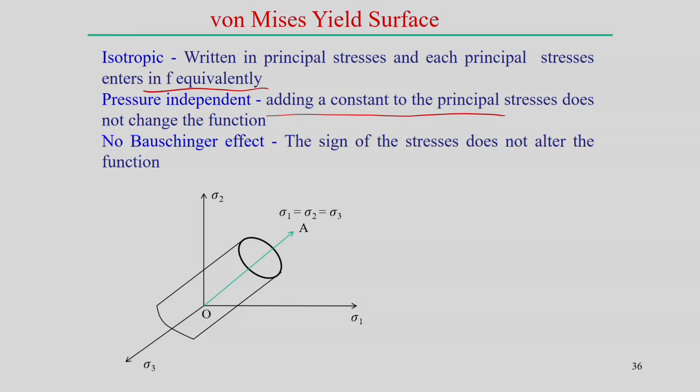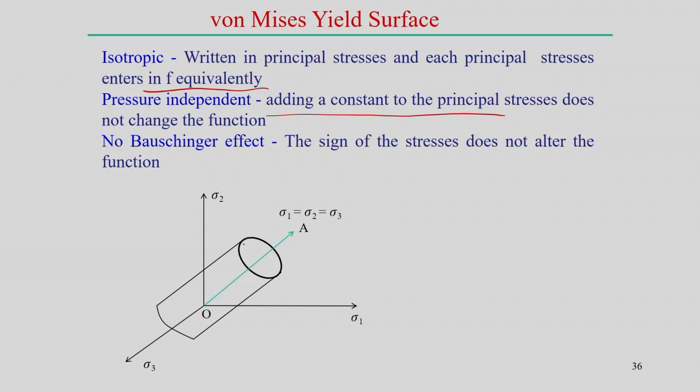And of course, the Bauschinger effect can be checked: if the sign of the stresses does not alter the function, that is, if you change sigma 1 to minus sigma 1, sigma 2 to minus sigma 2 and sigma 3 to minus sigma 3, the functional form remains the same, that means there is no Bauschinger effect in this expression.